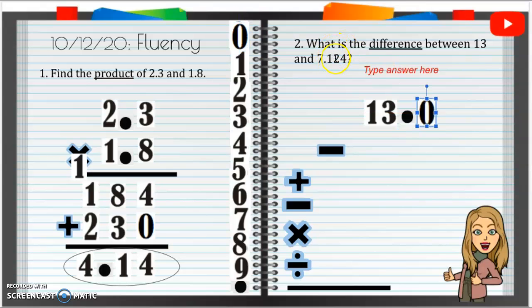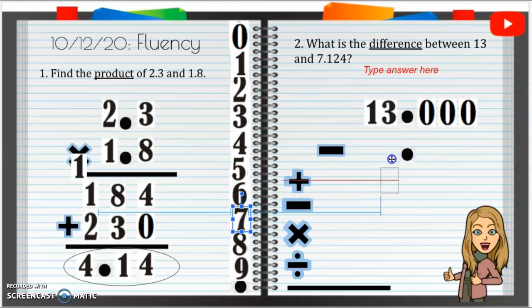In this case, we're going to want 3 placeholders because we have 7 and 124 thousandths, so we want to have 0 thousandths. All right, now with our decimals, what do we do? When we're adding or subtracting, line them up.